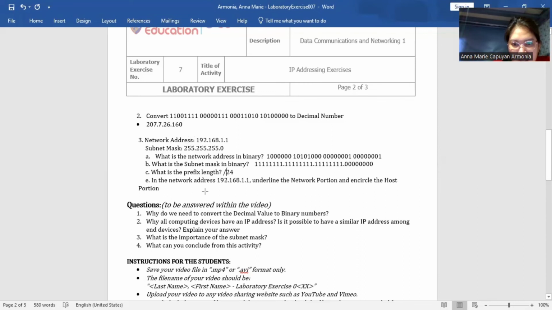Underline the network portion and encircle the host. Okay, so I will just encircle the host, which is this. Okay, and then where's our underline?